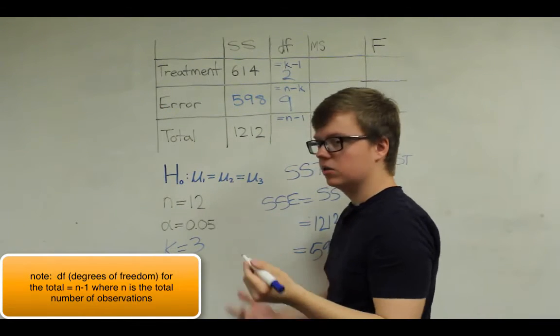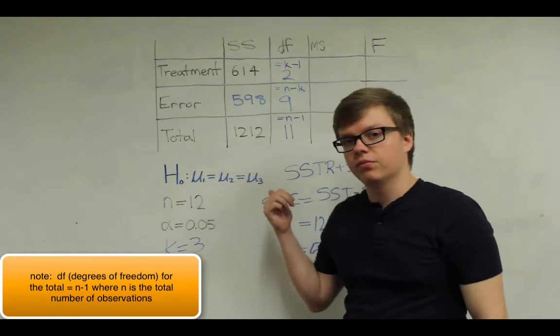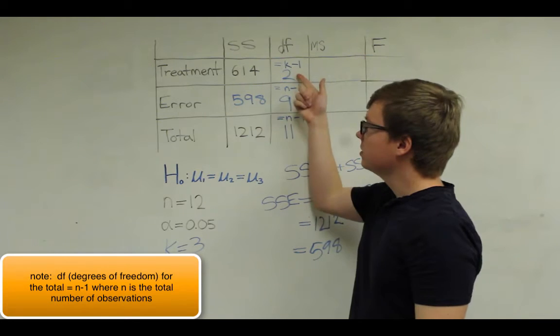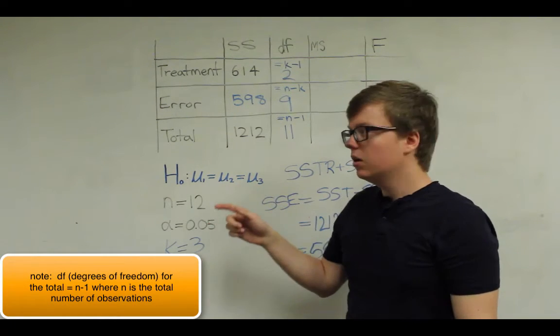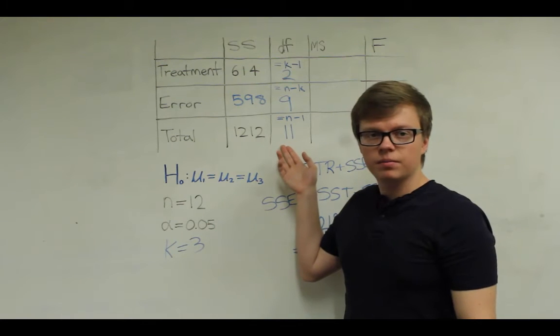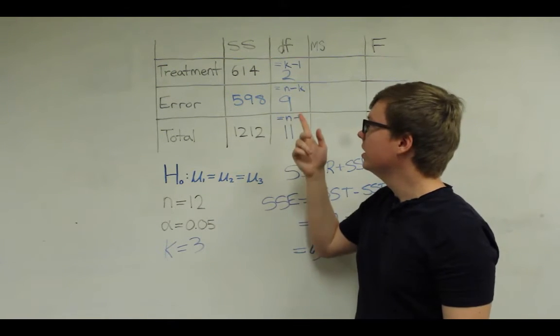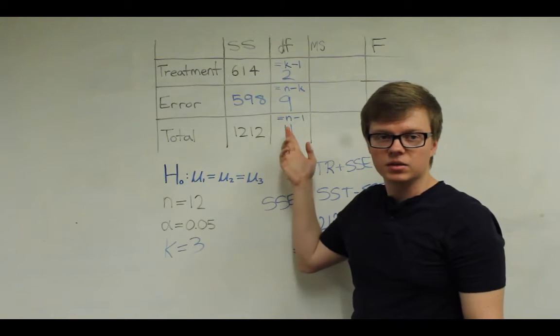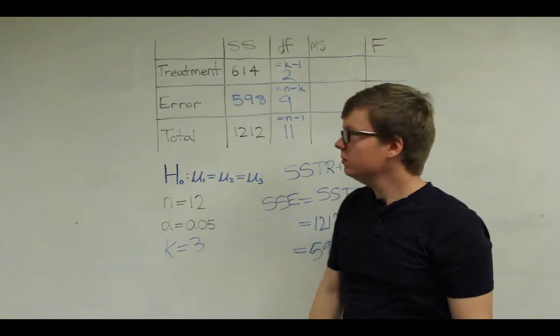With n equal to 12, we have 11 degrees of freedom total. If you'll notice, if we add the degrees of freedom for treatment and error, we get the total degrees of freedom. That's because k minus 1 plus n minus k gives n minus 1, because the k's cancel out.